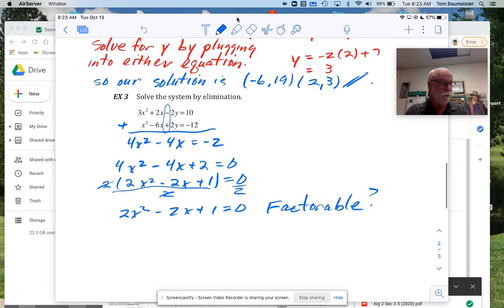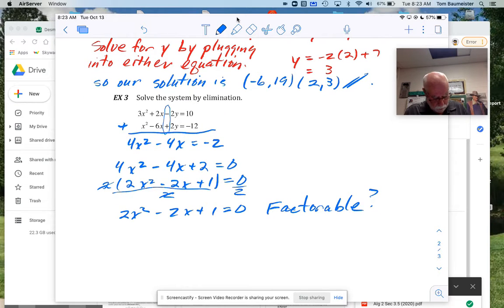All right. And so remember, I'm just going to kind of show you the diamond here, or the x. I'm going to take the first and last term and multiply them together. That'll give me 2x squared. I'm going to take the middle term, and I'm going to get 2x.